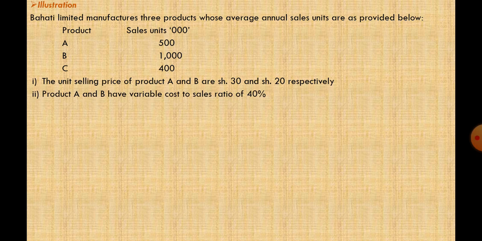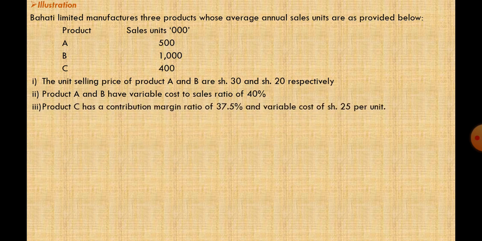But you are told also that the product A and B have a variable cost to sales ratio of 40%. So the variable cost ratio is 40%, that is for A and B. We also find that product C has a contribution margin ratio of 37.5% and a variable cost of shillings 25 per unit.